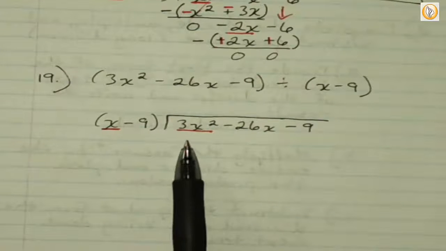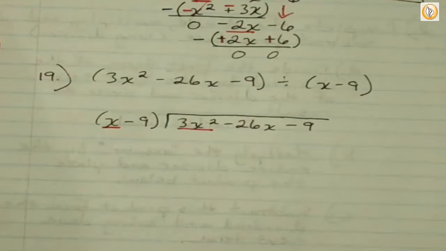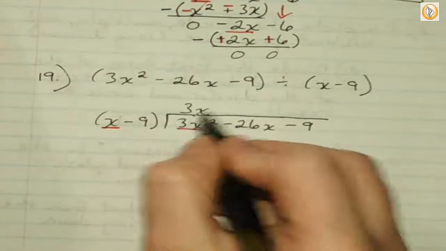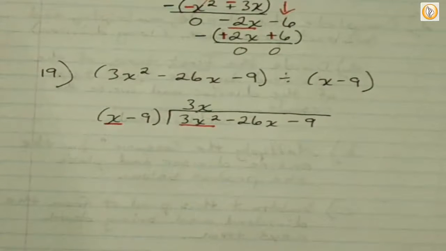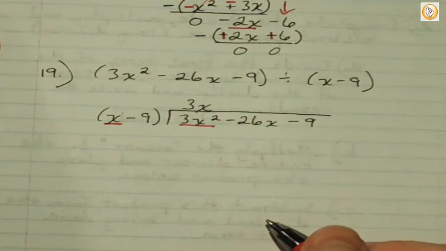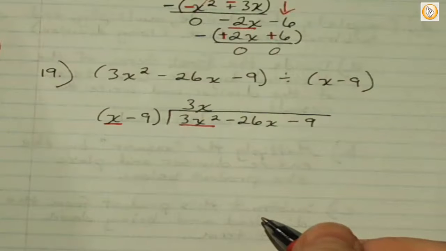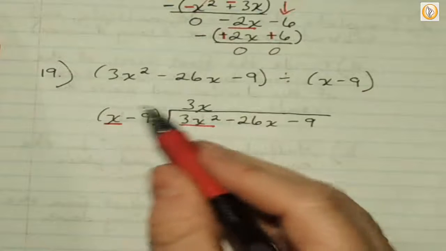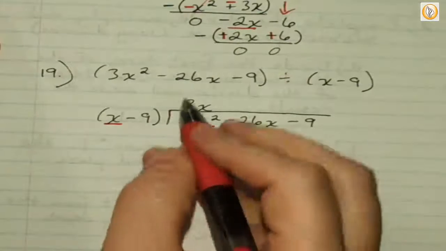Aiden, 3x squared divided by x is what? 3x. Emily, what's my next step? Okay, 3x times everything here, right? Good job.